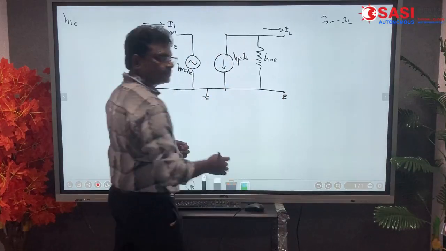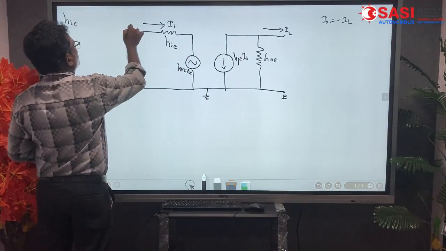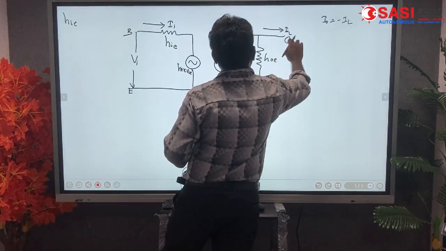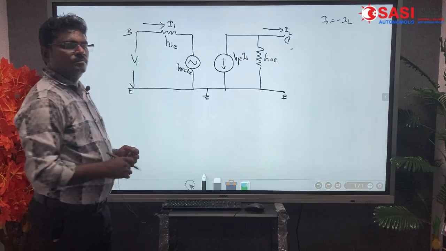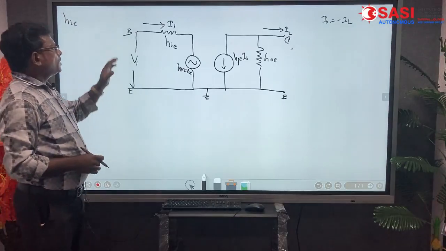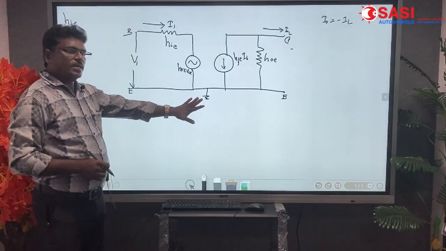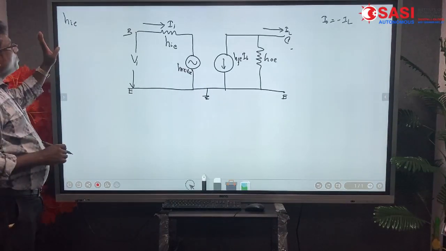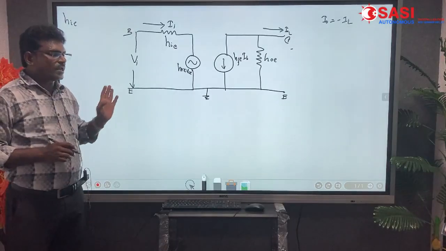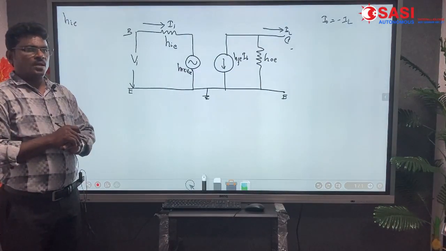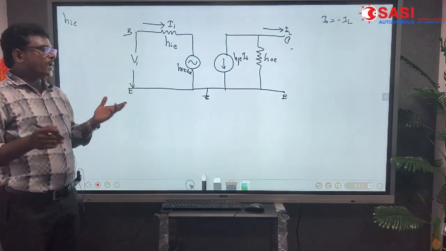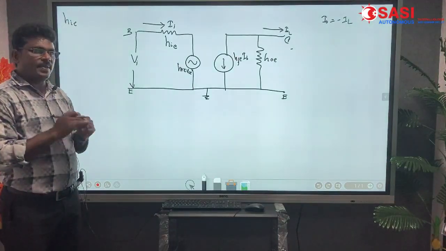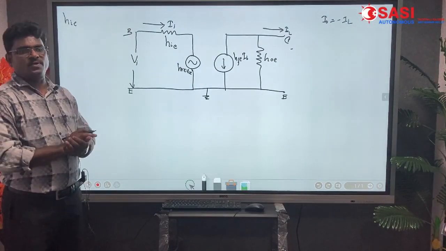So here base, collector, emitter is grounded. So HIE means input resistance in common emitter configuration amplifier. Suppose it is common collector, we can write HIC. Suppose it is common base, we can write HIB. This is the notation of the type of amplifier.